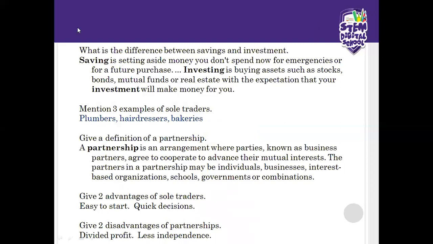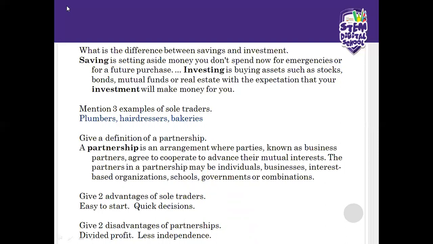Right. What is the difference between savings and investment? It's going to be 1 mark for savings and 1 mark for investment. Okay. Saving, you need to say something about setting money aside for future use so you don't touch it. Then it's 1 mark.